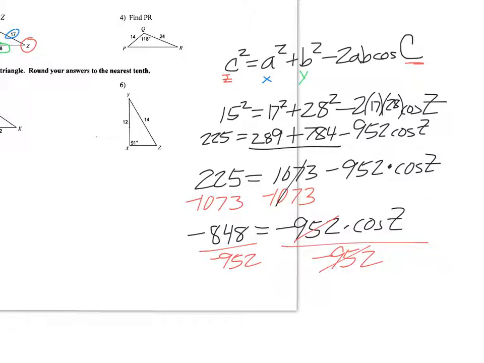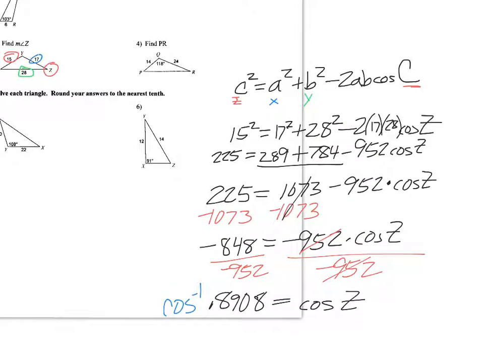So if I do that, now again, I'm going to go 4 decimal places like we've been practicing. That's 0.8908 equals cosine of Z. Now to get rid of cosine, remember we have to do inverse because I am looking for an angle here. So anytime you're looking for an angle, you do inverse. So I do second cosine, and I type in my decimal, 0.8908.